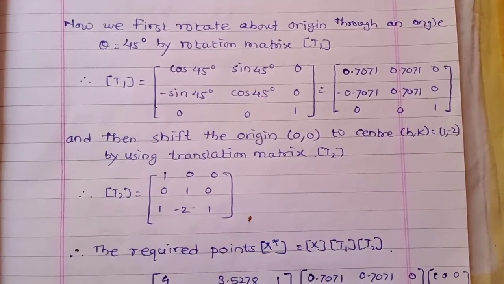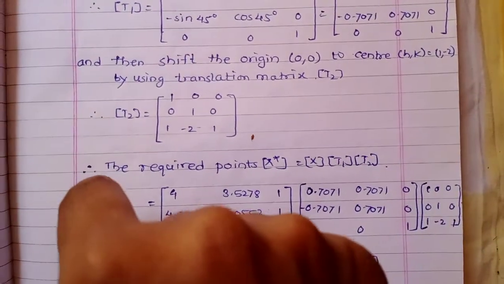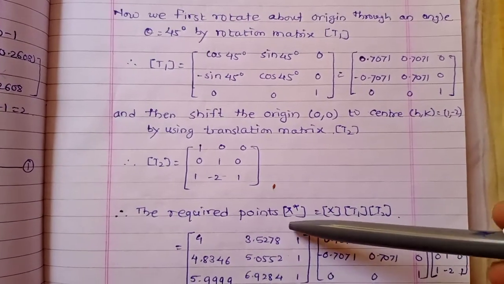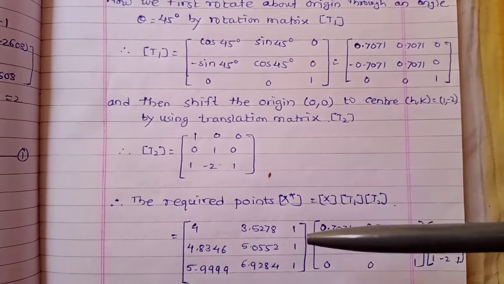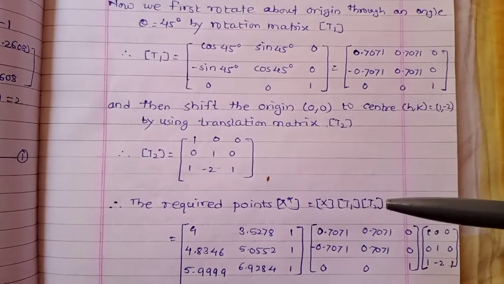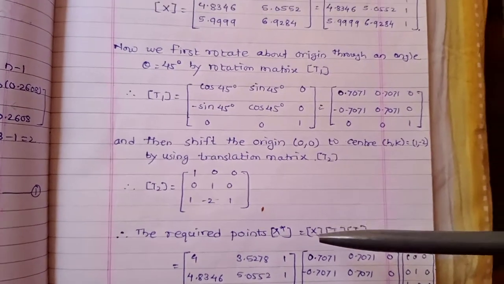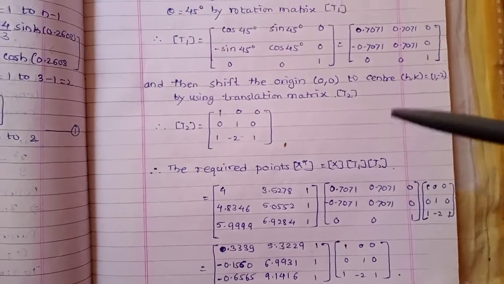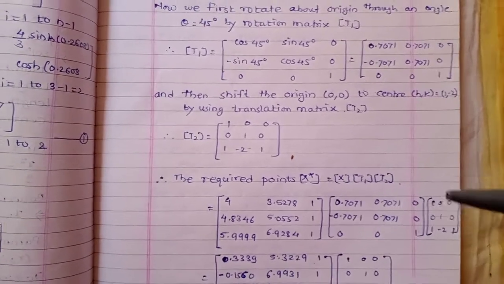And lastly we write down our required point x star of the hyperbola given in our example, which is equal to x into T1 into T2. Instead of x we write our x matrix, then T1's matrix, then T2's matrix.